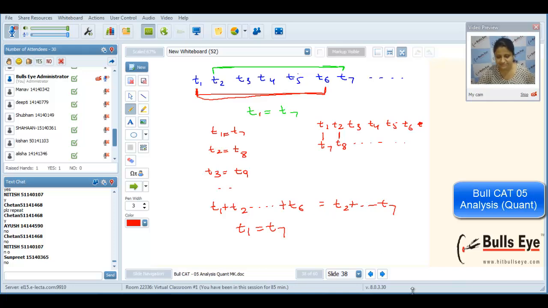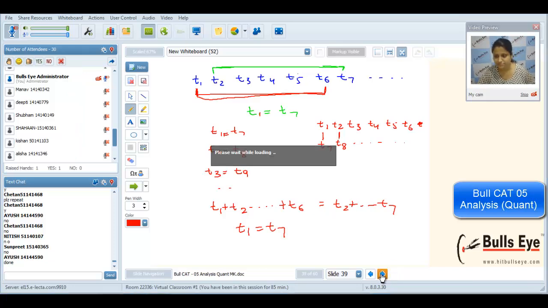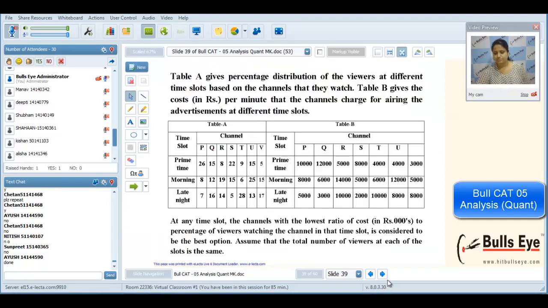Okay, next. It was a difficult set. Difficult because of calculation. Otherwise, the logic is very easy. Okay, let us move.